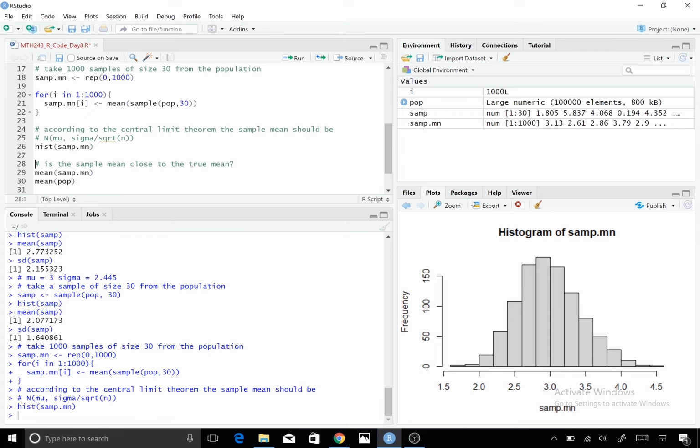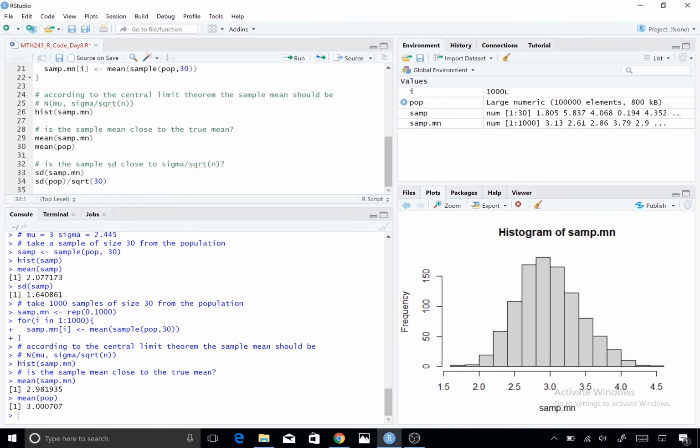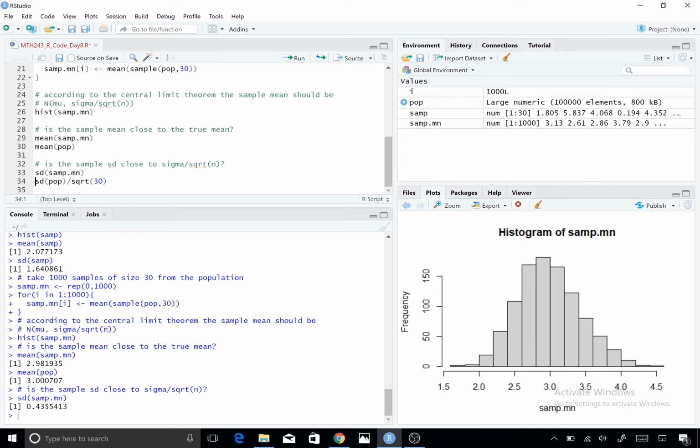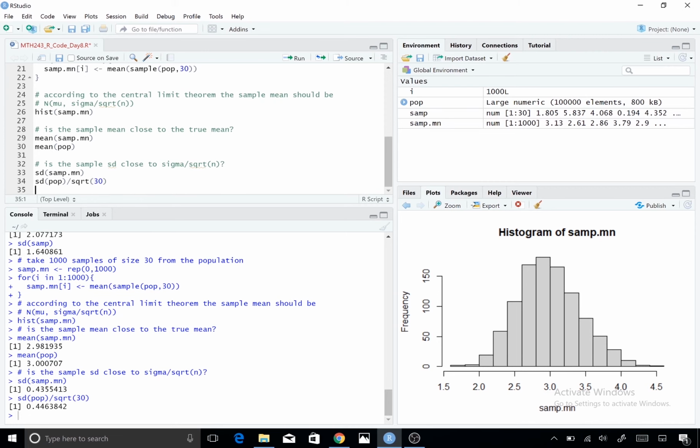The mean of samp_mn should be pretty close to 3, and it is. And the standard deviation of samp_mn is 0.4355. The standard deviation of pop divided by the square root of 30 is pretty close to that. Of course, these numbers won't be exact. They're all random numbers, and the central limit theorem says that the normality of the sample mean is approximate and gets better as n gets bigger.